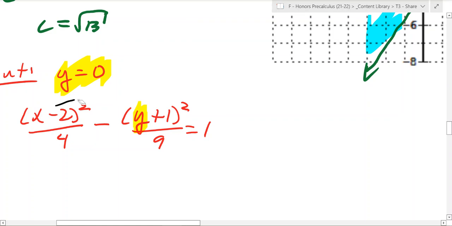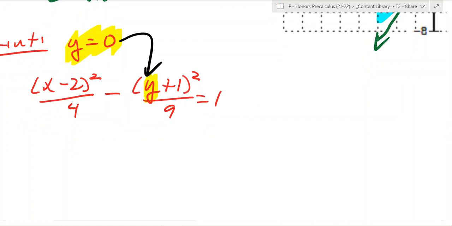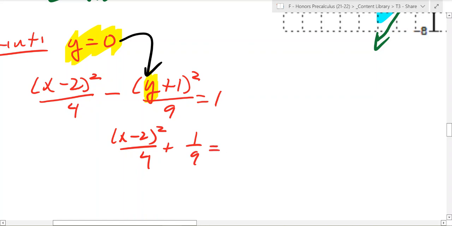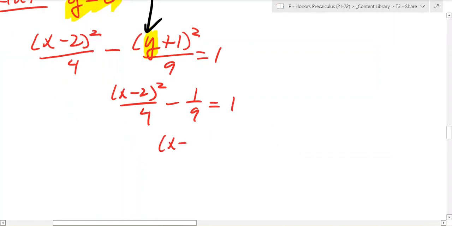So you plug in y equals 0 right there, and you're going to then get (x minus 2) squared over 4 minus 1/9, that's important, minus 1/9 is equal to 1. So then what you end up with is (x minus 2) squared over 4 is equal to 10 over 9.